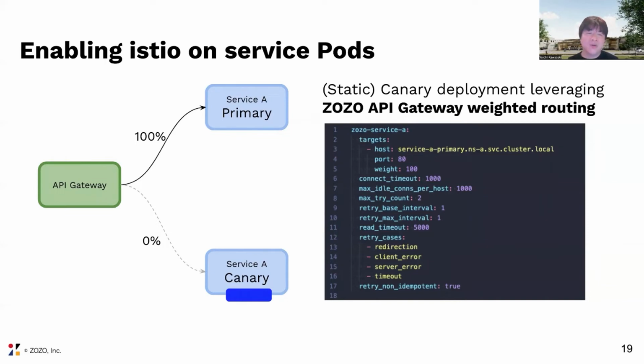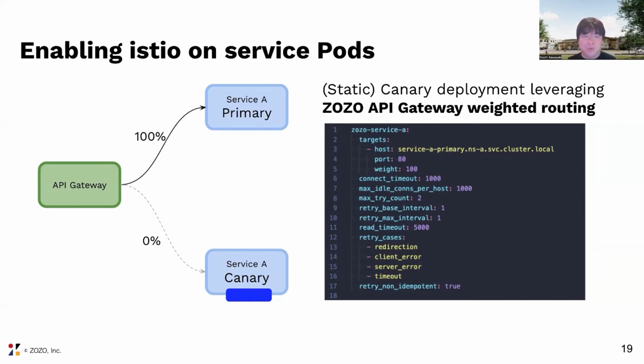For canary deployment of each microservice, we leveraged the API gateway's weighted routing feature. In this example, we migrate service A. First, we set up the new service A, which is Istio proxy injected.